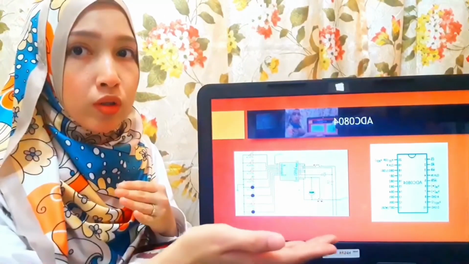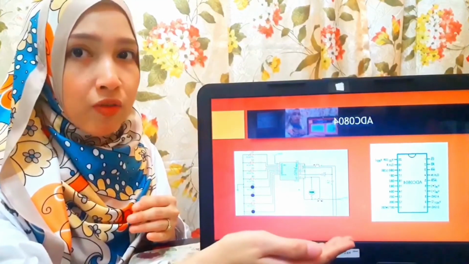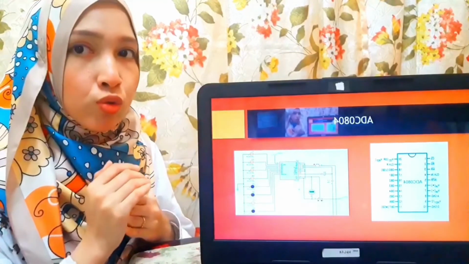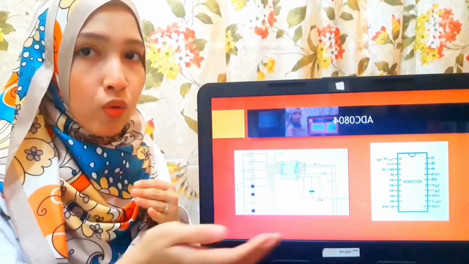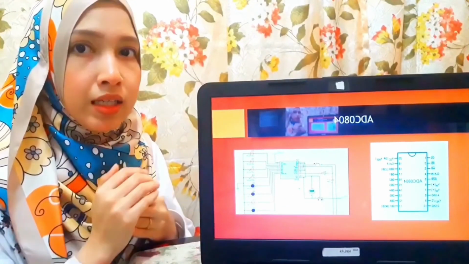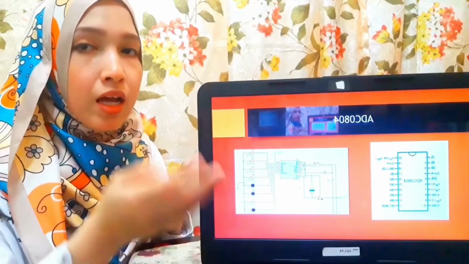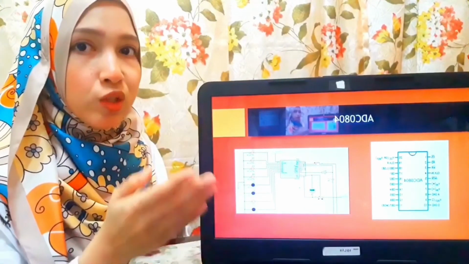The data out pins D0 to D7 of the ADC 0804 are connected to the port pins P1.0 to P1.7 respectively. LEDs D1 to D8 are connected to the port pins P0.0 to P0.7 respectively.